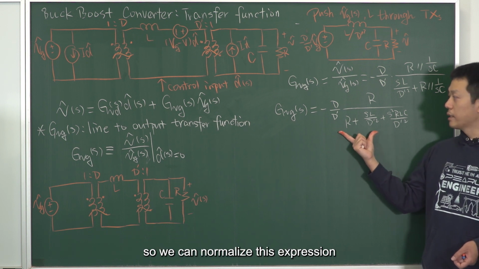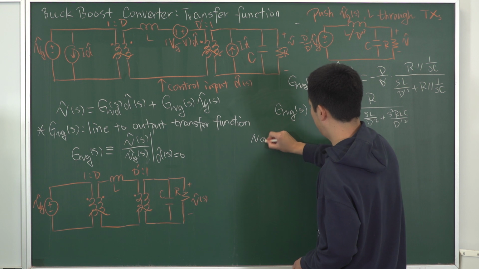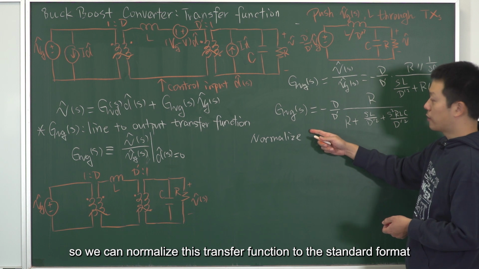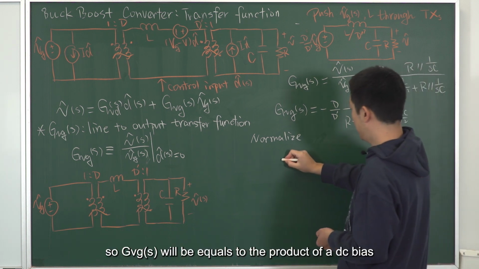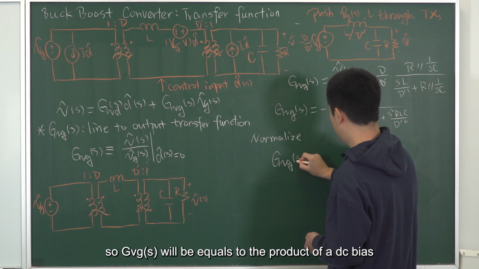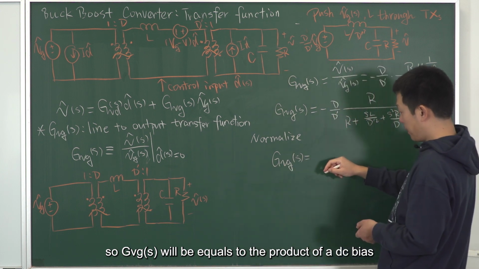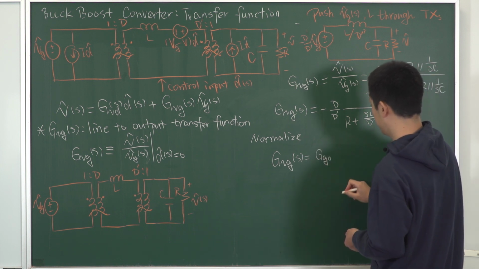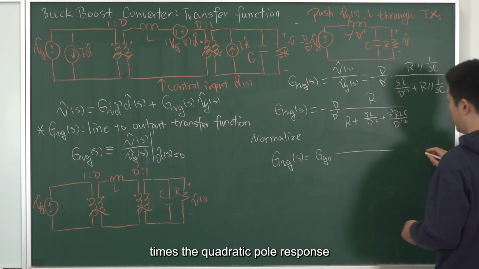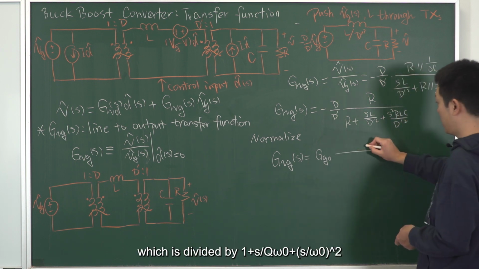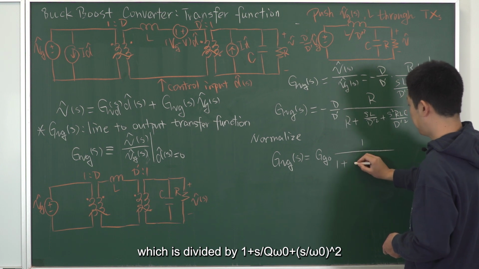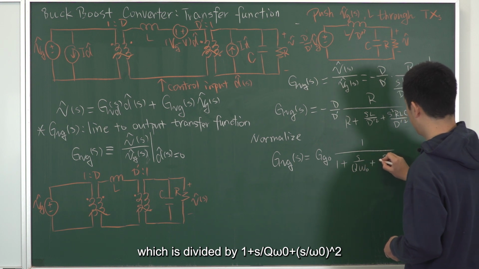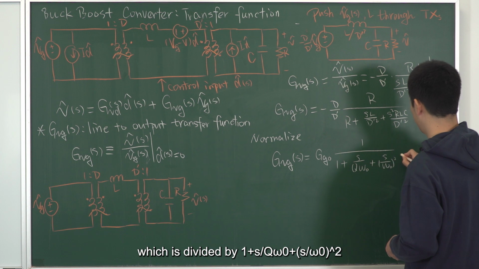So we can normalize this transfer function to the standard format. So GVG(S) will be equal to the product of a DC gain, which we denote as GG0, times the quadratic pole response, which is 1 divided by 1 plus S over Q omega 0 plus S square over omega 0 square.